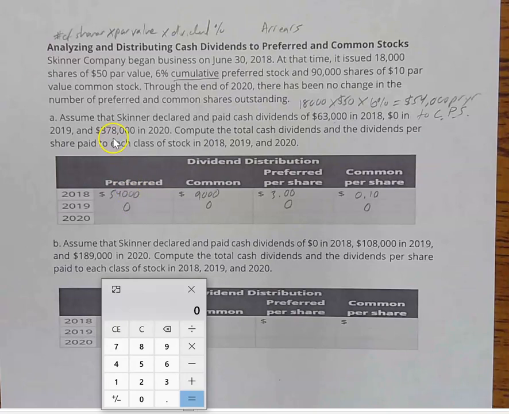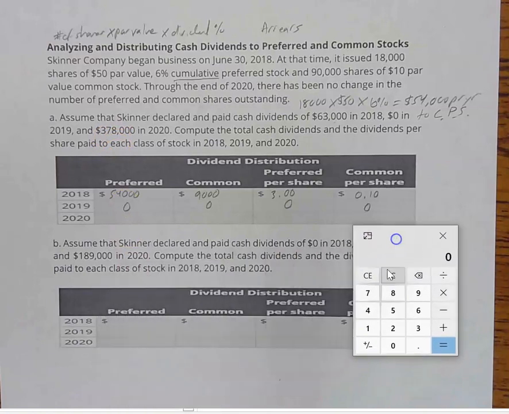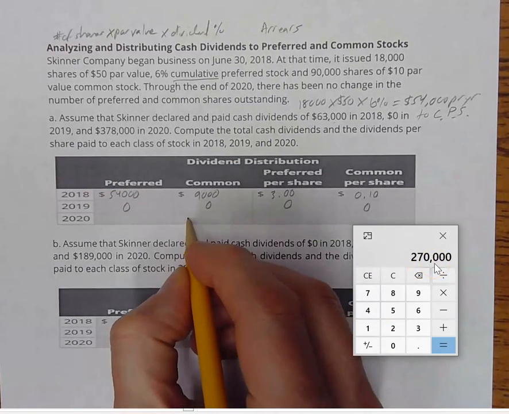So then in 2020, they paid $378,000. So they're going to pay $378,000 in total. However, $54,000 of that is for 2020, and then we got another $54,000 for 2019. And so 54 and 54, what I'm going to do is, this is the amount that the common stockholders are going to receive.